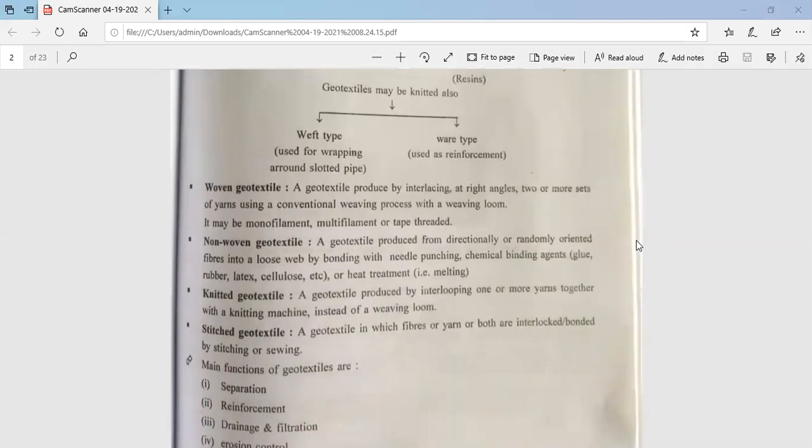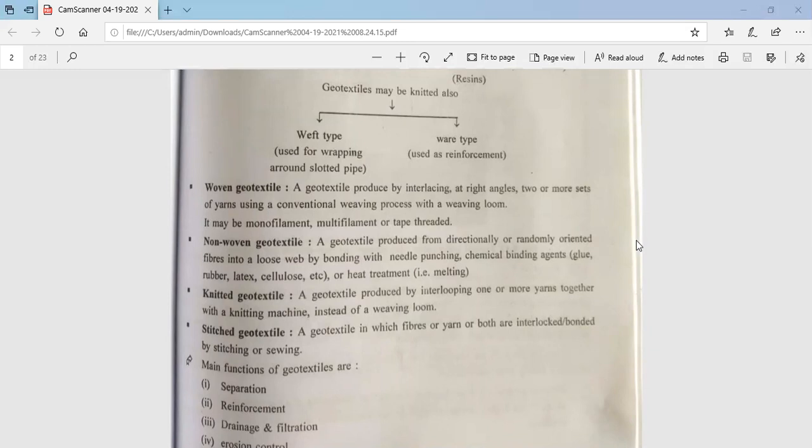So talking about non-woven geotextile, a geotextile produced from directionally or randomly oriented fibers into a loose web by bonding with needle punching, chemical binding agents, or heat treatment. Here, chemical binding agents include glue, rubber, latex, cellulose, etc. And heat treatment means that it's a melting process, right?